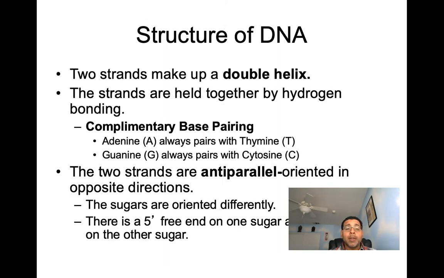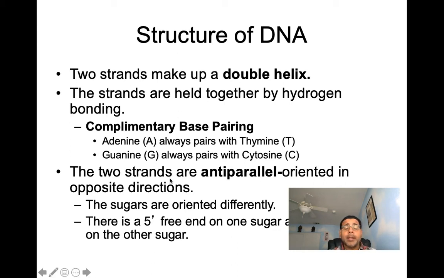So we call all of this complementary base pairing, where adenine is always going to pair with thymine and guanine is always going to pair with cytosine in DNA. So you see purine and pyrimidine, purine and pyrimidine. You don't have adenine binding with cytosine or thymine binding with guanine. We have complementary base pairing.